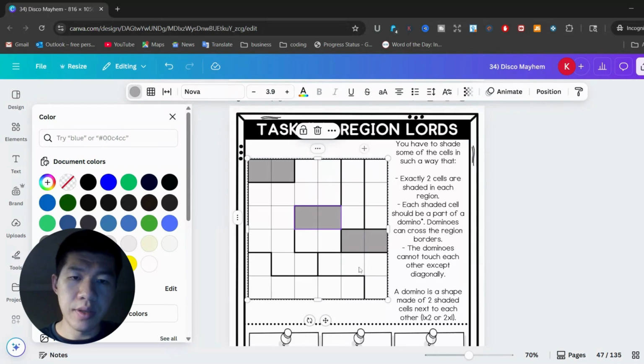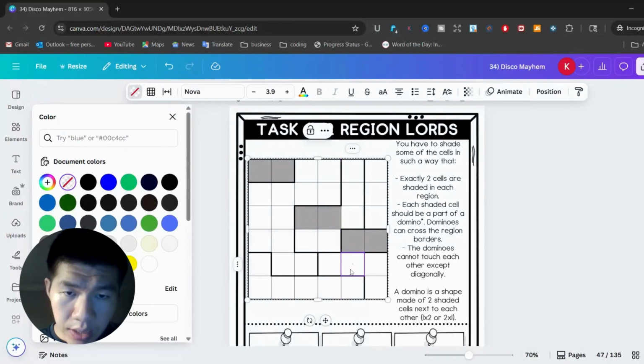If I move on to this region right here, I can't shade in this area directly, and I can't shade in this area directly, because if I shade it in here and here, it's adjacent to this shaded cell. So most likely I'm going to have to shade in here and here for my two cells.